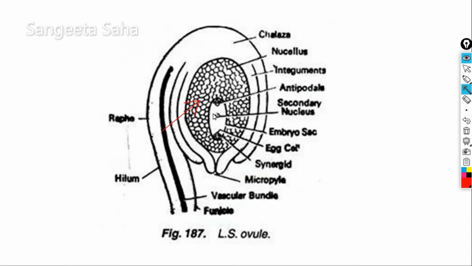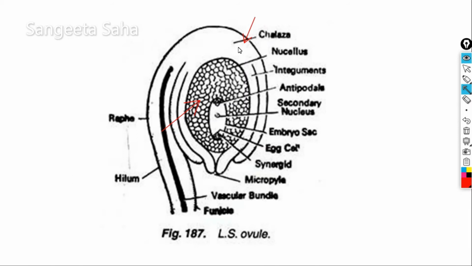We also need to know the location of the two ends. This end, where the integument becomes discontinuous in a part of the ovule, is known as the micropyle, the passage. And just the opposite of the micropyle is the chalaza region.